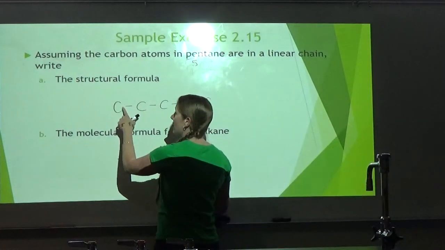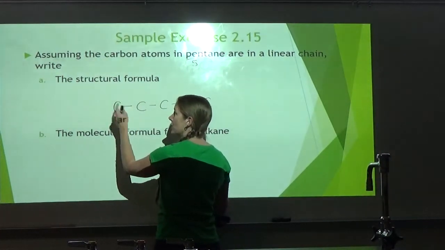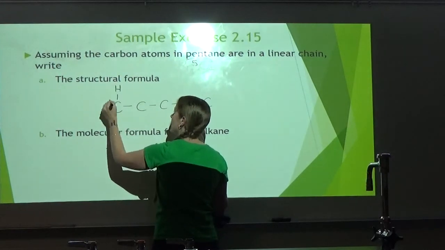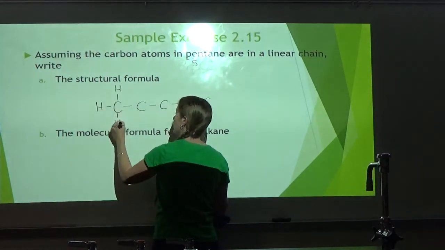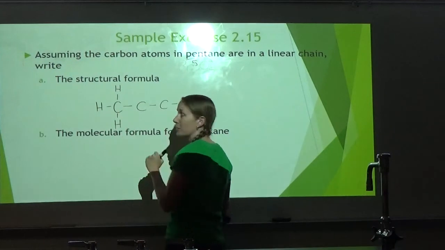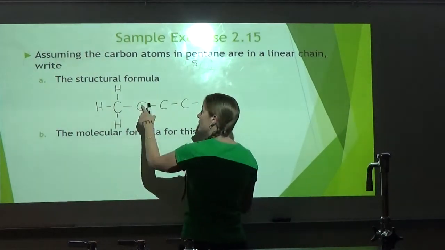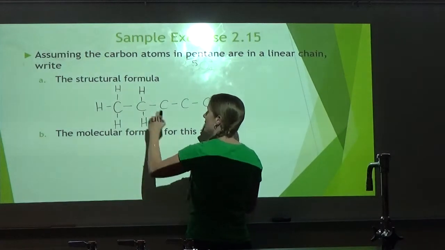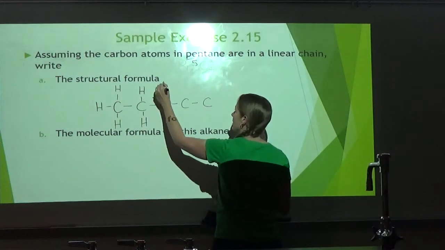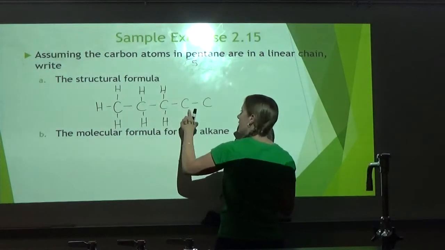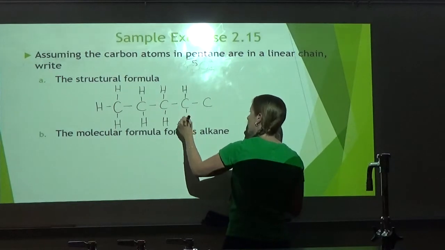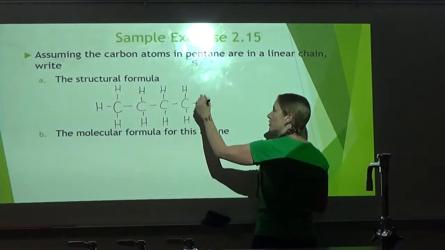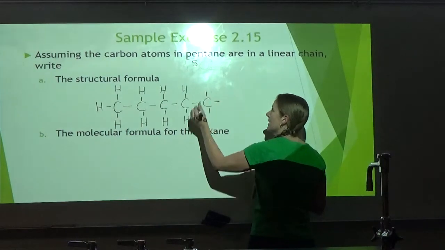So right now carbon has 2 electrons, it needs 8, so that means I need to bond 3 hydrogens. So see, 2, 4, 6, 8. Remember our Lewis-Dot structure. This carbon has 2, 4, so it needs 4 more, 6, 8. This carbon, same thing. This carbon, same thing. This carbon has 2, so it needs 6 more.